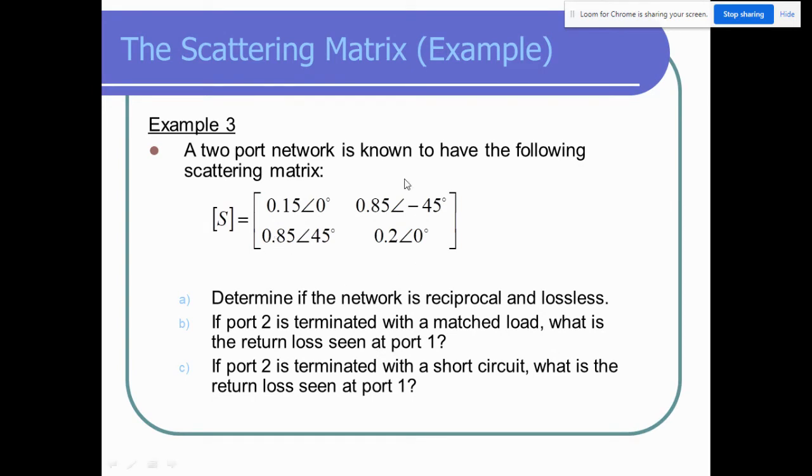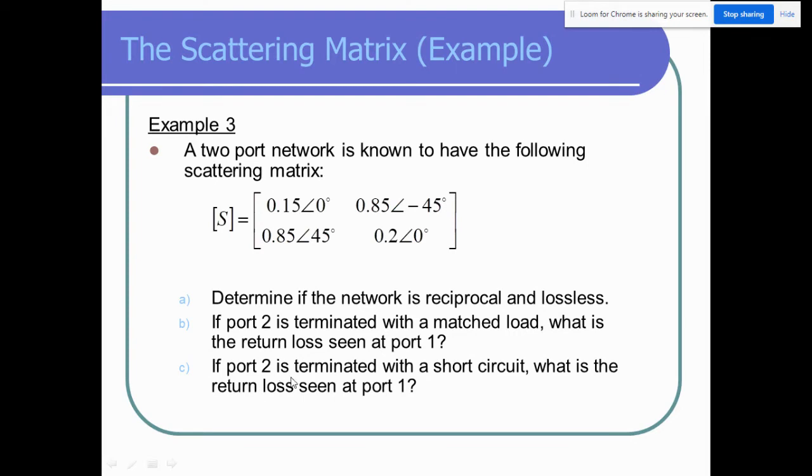In this example, we will try to find out whether this network is symmetric, reciprocal, or lossless. Determine if the network is reciprocal and lossless. Port 2 is terminated with a matched load. What is the return loss and the loss seen at port 1?